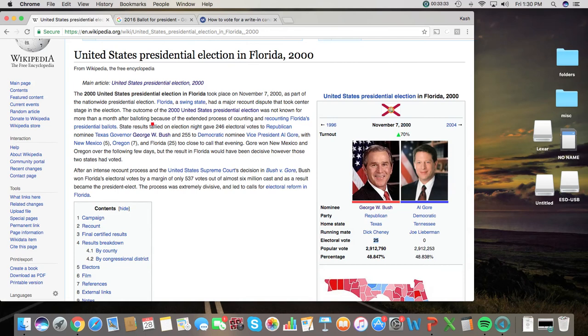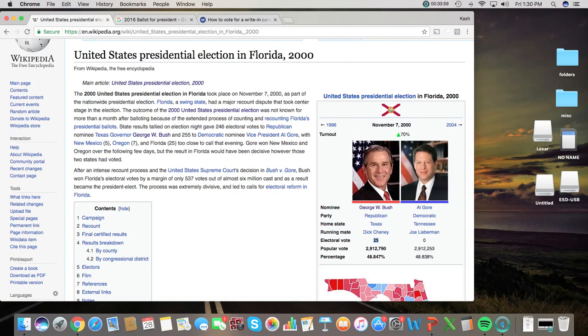You can see here the outcome of who would win Florida wasn't even known until more than a month after the recounting and the official counting, and then the recounting of the ballots. So people were waiting to find out who would become president for over a month after the election had come to an end. It was just difficult.